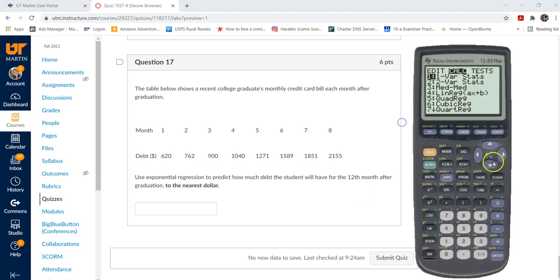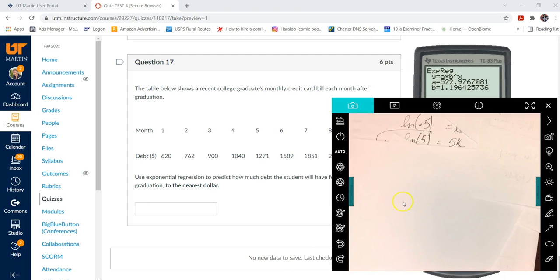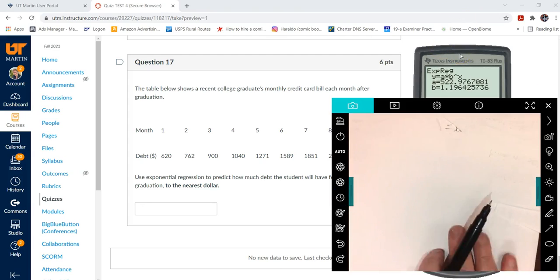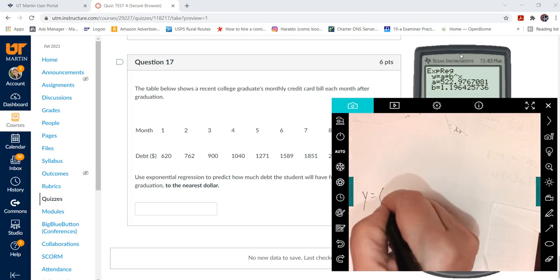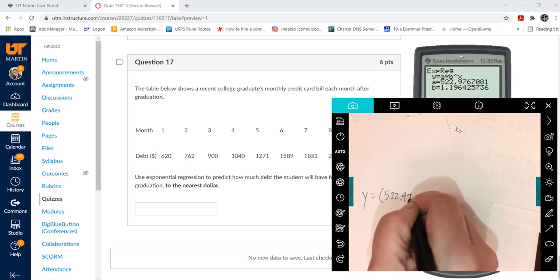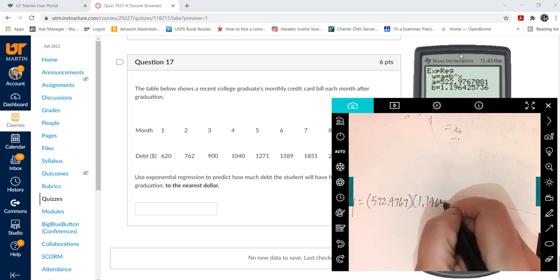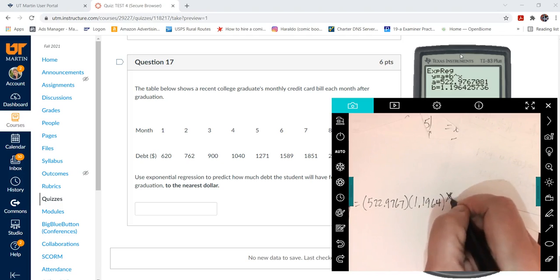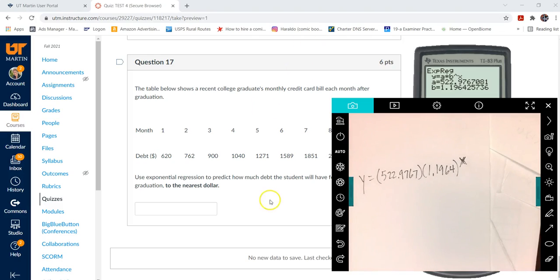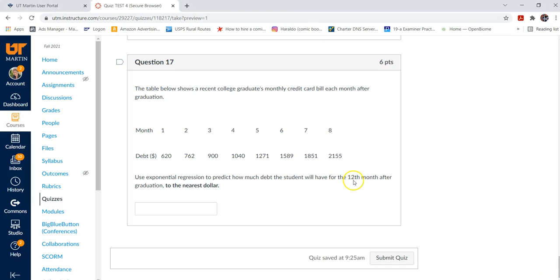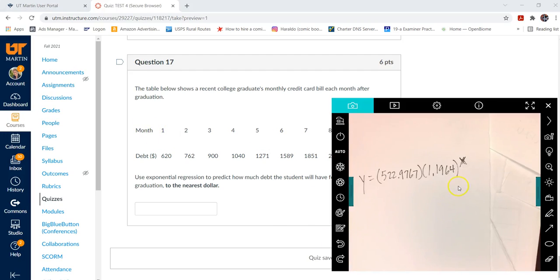And I'm going to go down and find exponential regression because that's what I was asked to do. And so my formula is going to be, take it to 4 decimal places. That's my formula. Now it says, how much will the student debt be for the 12th month? So the month is my x value, so I put x equals 12 into this formula.